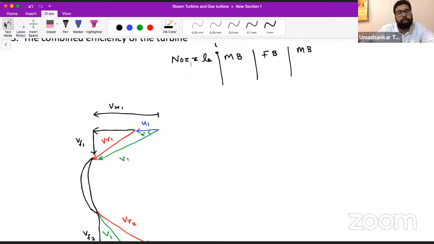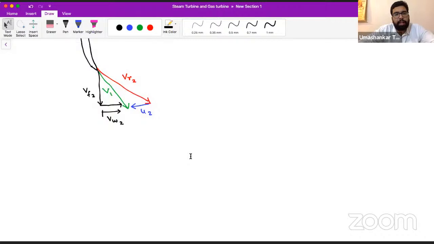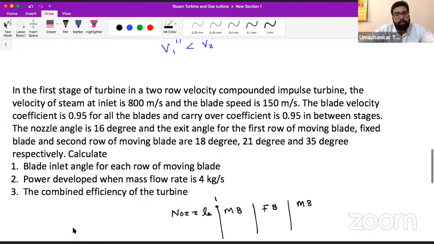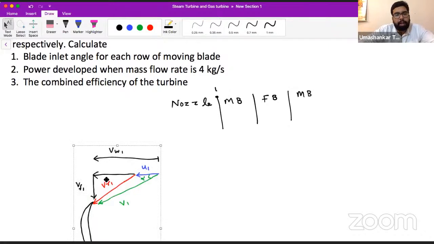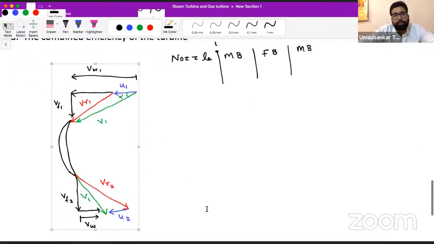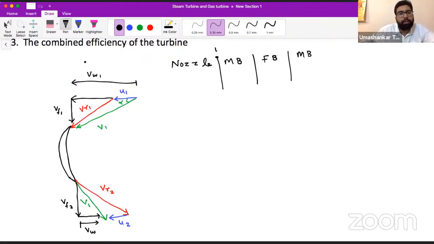I hope you are also attempting this question. Till this point, we have seen in the last session how to make the velocity diagram.